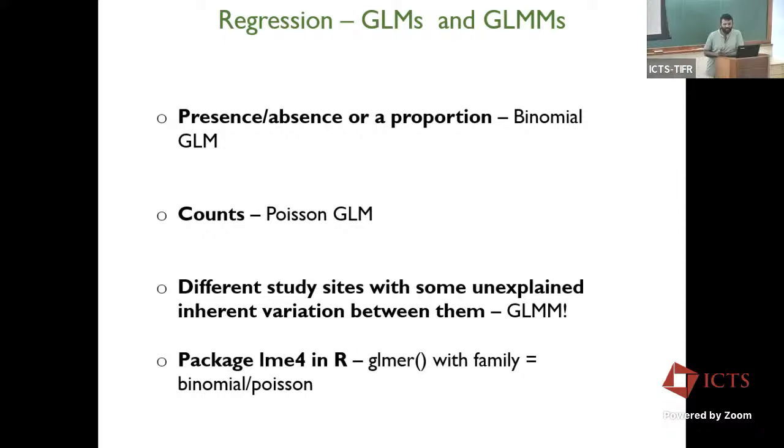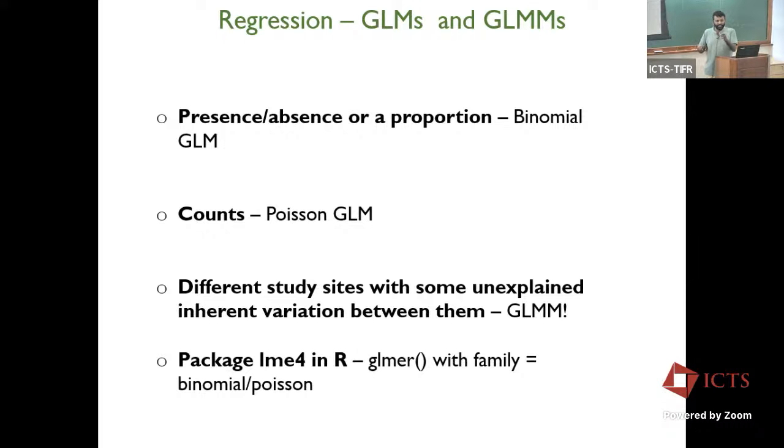So you have different pots, and in each of the pots you have some experiment that's going on. You have many things that you've measured, but it's possible that something inherent about each of those pots is also causing some impact, which you don't know. You have measured many things, but aside from everything that you measured, there might be something about the construction of those pots or the soil that was used that is actually causing an impact. So that is where you can bring in this random variation.